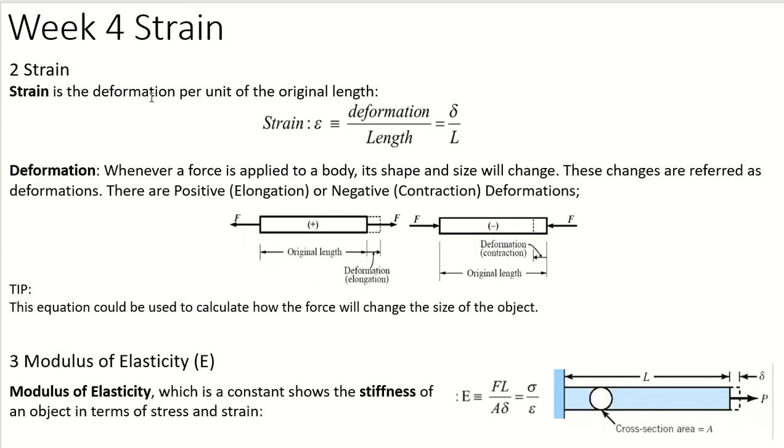Strain is the deformation per unit of the original length. Strain equals the deformation divided by the original length. It's more like a ratio. So what is deformation? Deformation is when a force is applied to a body, so its shape and size will change, and this change is called deformation.